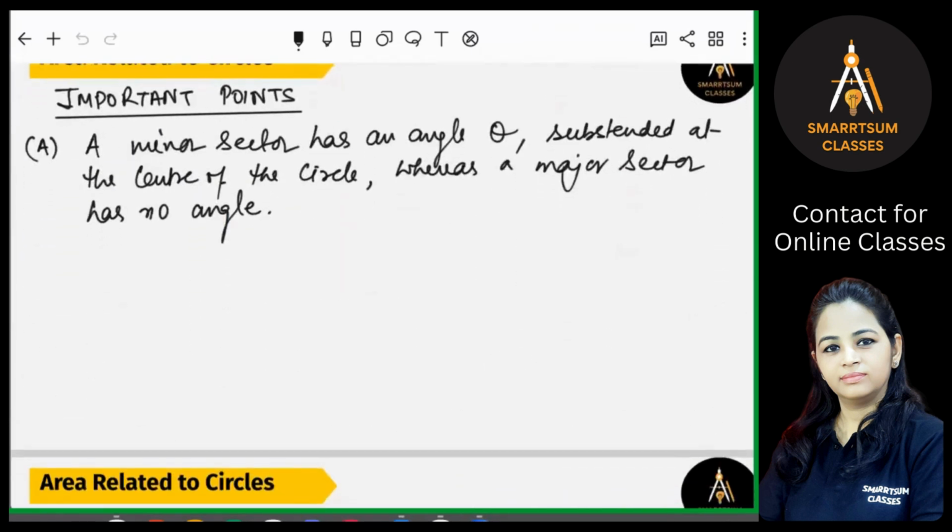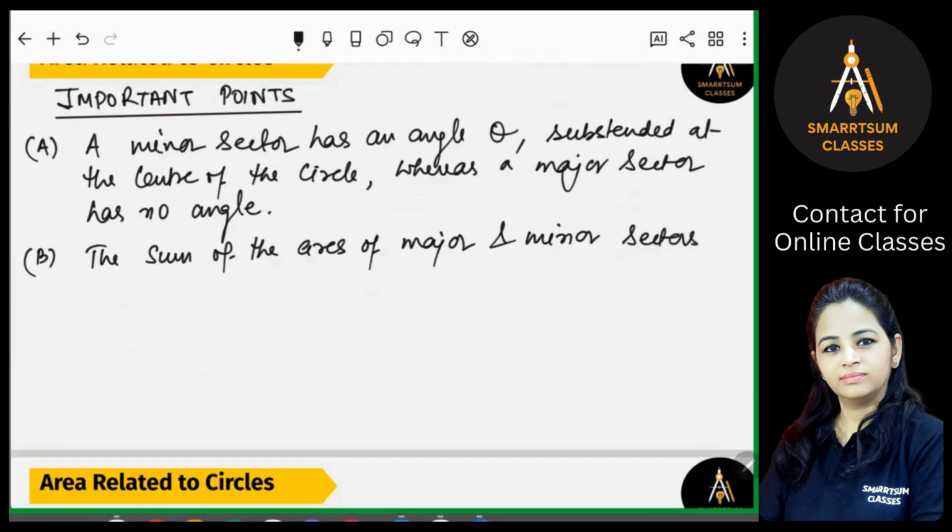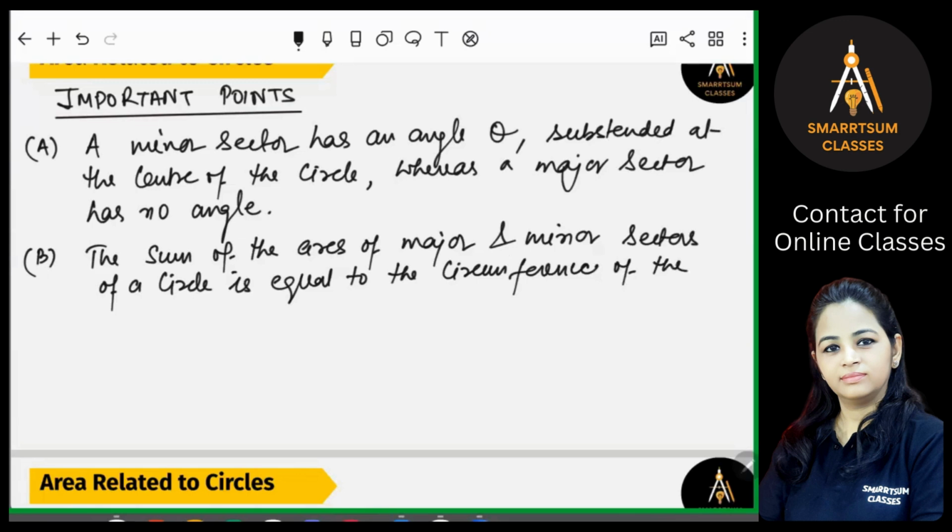Now, another point is the sum of the arcs of major and minor sectors of a circle is equal to the circumference. Why are they equal to the circumference? Because both are part of the boundary only. So if we add them, this is equal to the circumference of the circle.